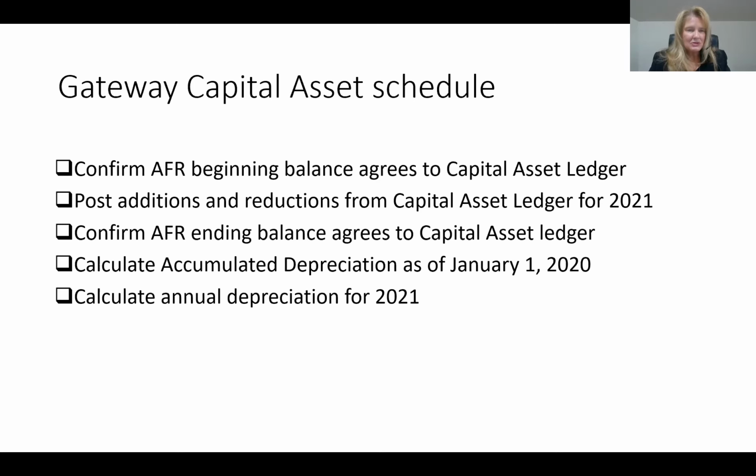You'll post your additions and reductions from the capital asset ledger for 2021. And then you're going to confirm that your ending balance agrees. You also need to calculate accumulated depreciation as of January 1 of 2020. And then you'll need to put the additions and reductions for that in there for 2021.